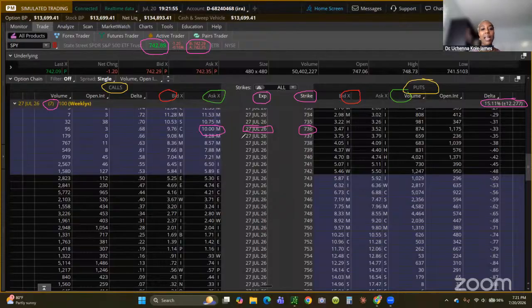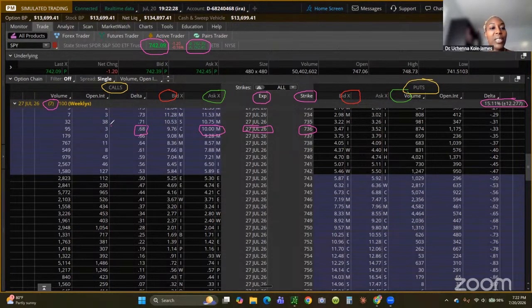And what exactly does that mean? So I bought the 736 strike. That means in order for my option to make money, to have a $3 move, it's going to go from 742 to 745. I'm still in the money. I'm still making money. How much money am I making? I'm making about $68 for every dollar move. But look here.